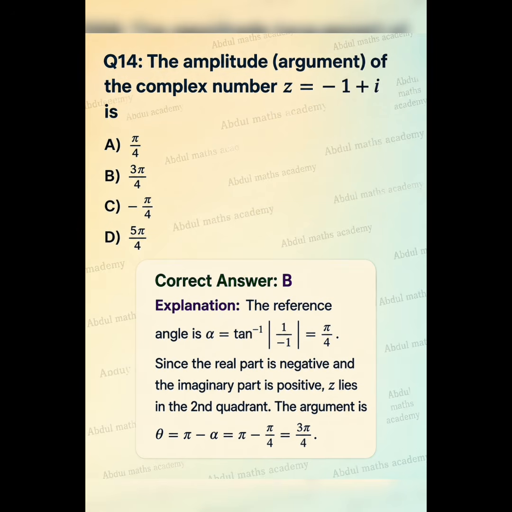So alpha is equal to pi by 4. For minus 1 plus iota, the real part is negative and the imaginary part is positive, so it lies in the second quadrant. So the angle is pi minus alpha. Alpha is equal to pi by 4, so pi minus pi by 4 is equal to 3 pi divided by 4.